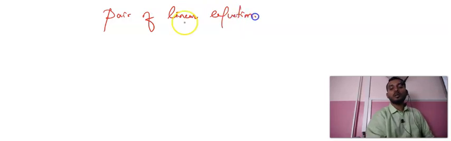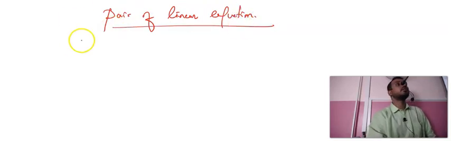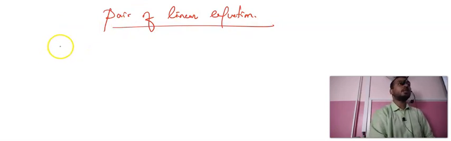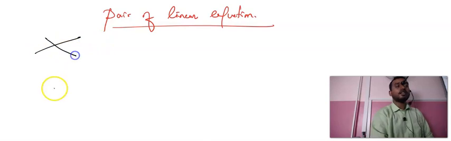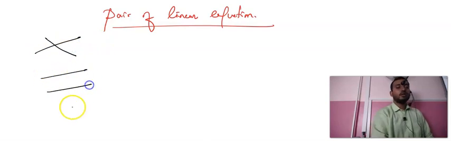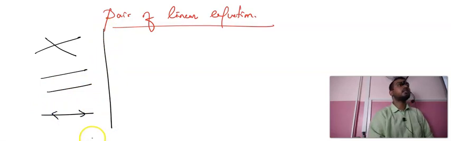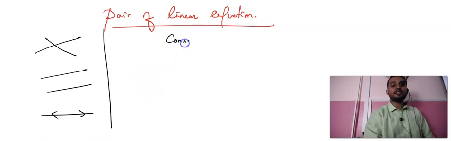Children, I hope you remember the table. We have 3 types of lines. Lines may be intersecting lines, parallel lines, or coincident lines, correct? And about the nature, they may ask you whether they are consistent or inconsistent.